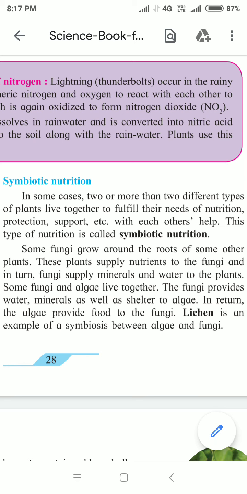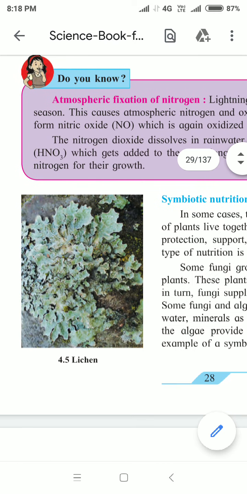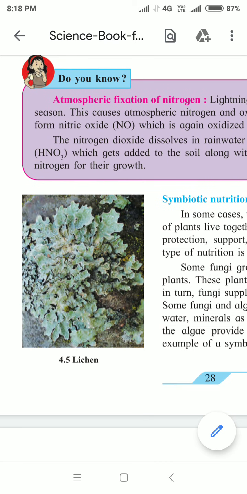A few examples of algae we can see around us, like water hyacinth, which grows inside the water. Fungi like mushroom. So these depend on each other. See, the lichen plant is shown here, students, which is using symbiotic nutrition. So this one concept we saw.